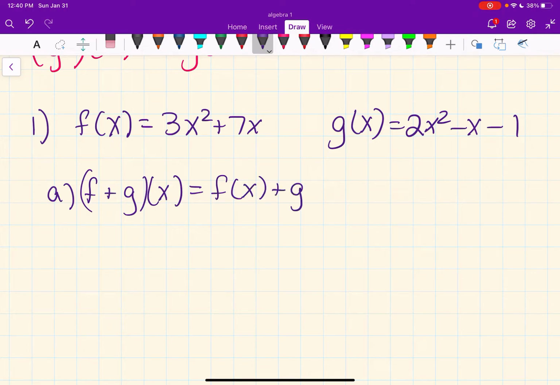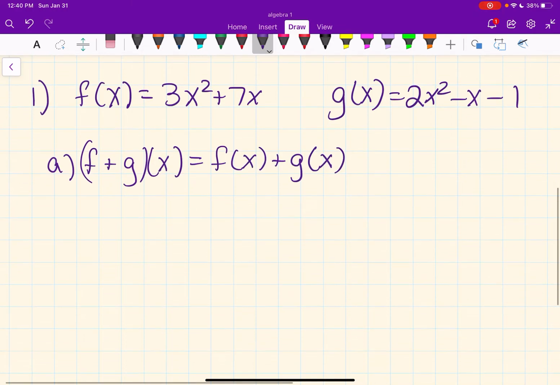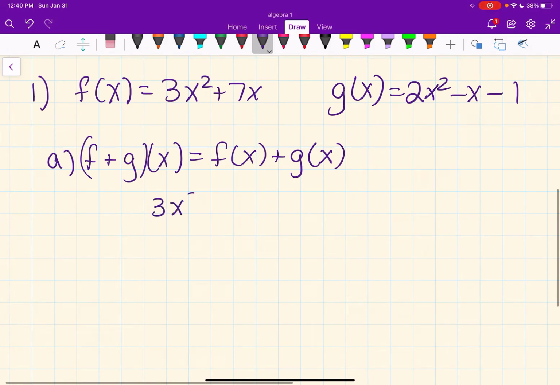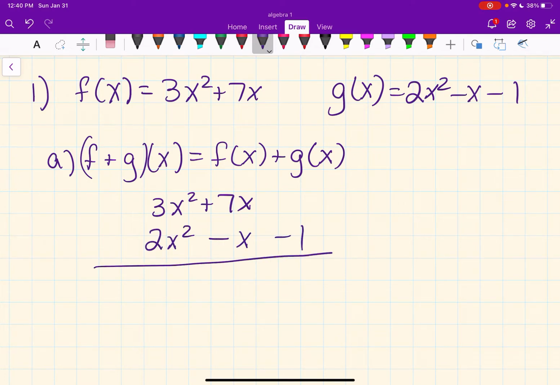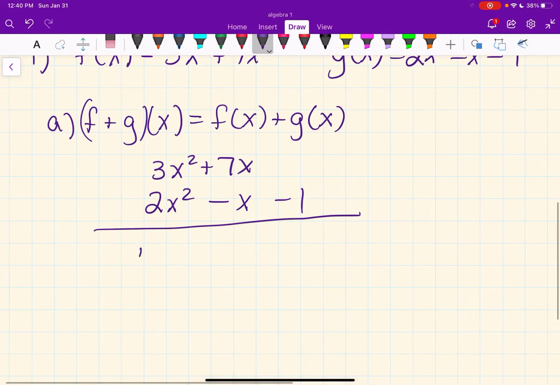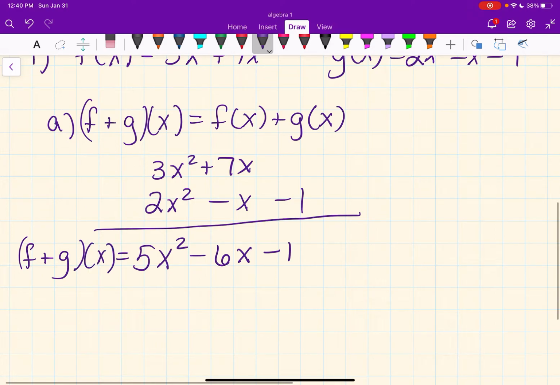In this case, I'm just going to stack and add. 3x squared plus 7x. G of x, I'm going to stack underneath, 2x squared minus x minus 1. And I end up with 5x squared minus 6x minus 1. So that's f plus g of x. Okay? So really just simplifying. You've done this before.